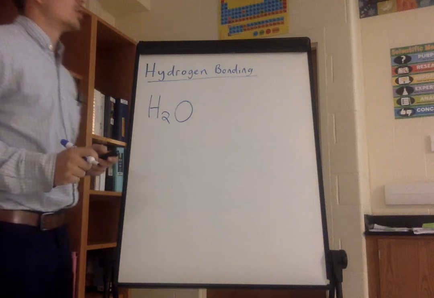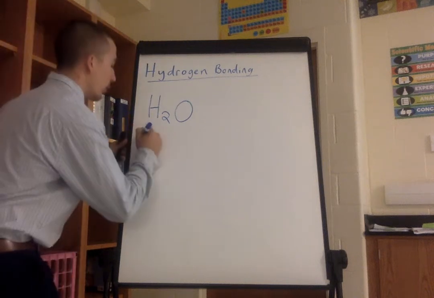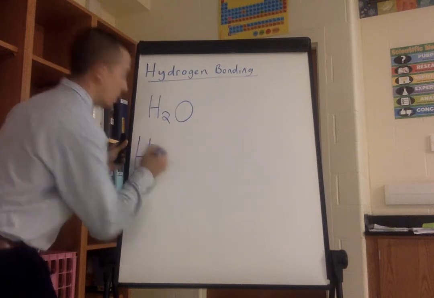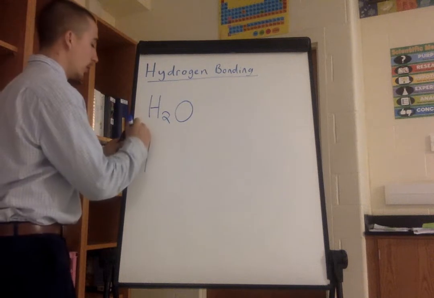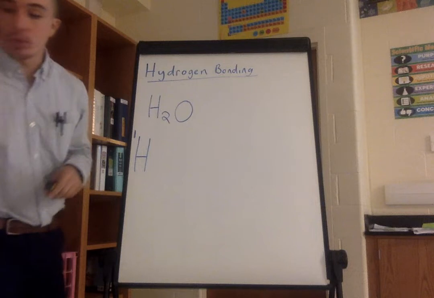Before we do that, though, we need to do the Bohr model for hydrogen. So let's grab H here. Remember, the atomic number for hydrogen is 1. You can find that on your periodic table. And the atomic weight is going to be 1.008.